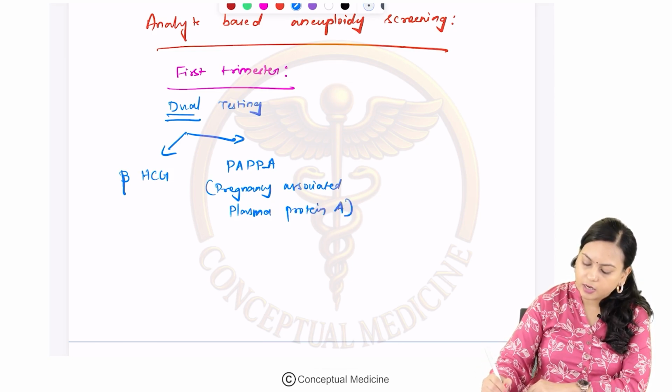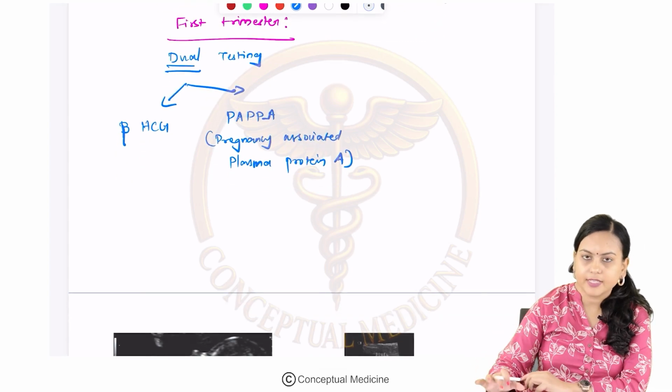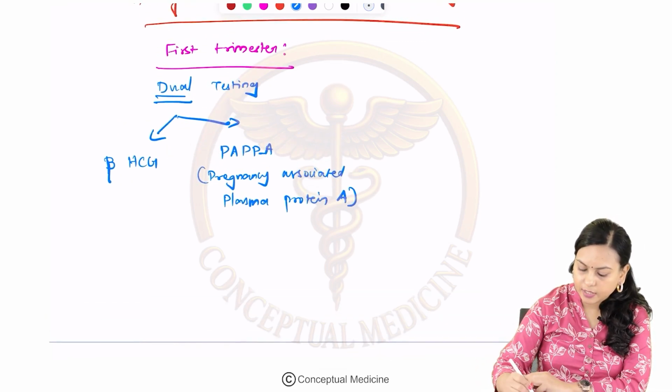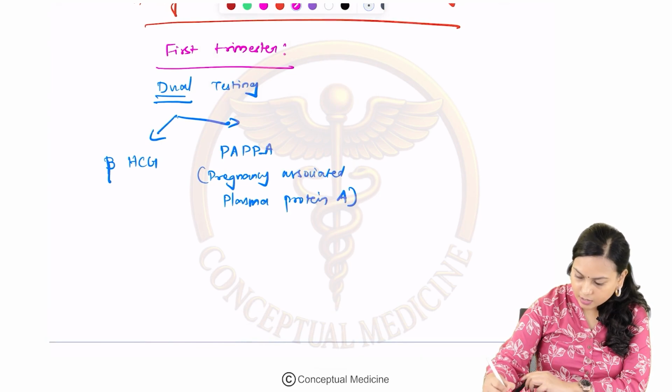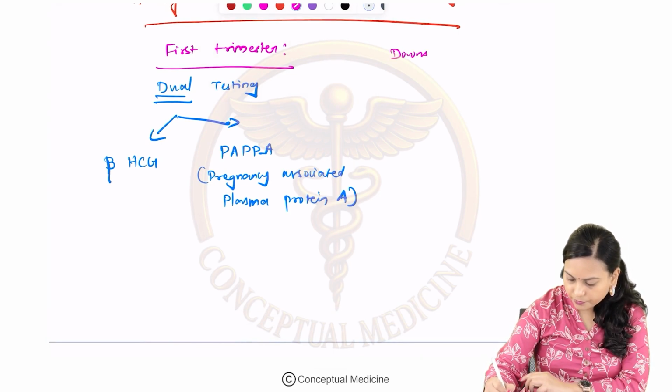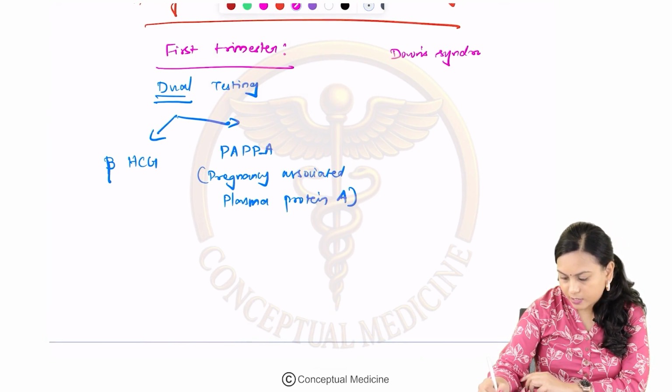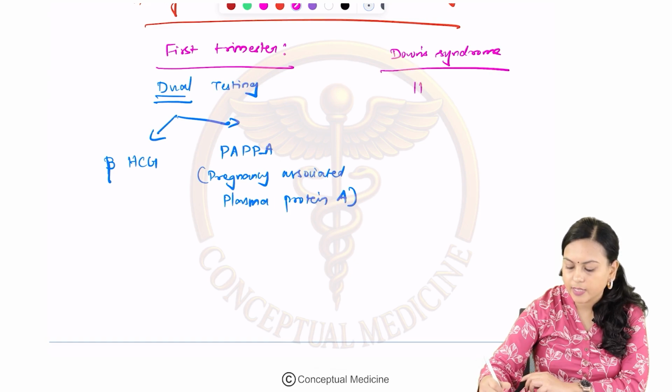Okay. Now, always remember that in Down syndrome, hCG is always high.